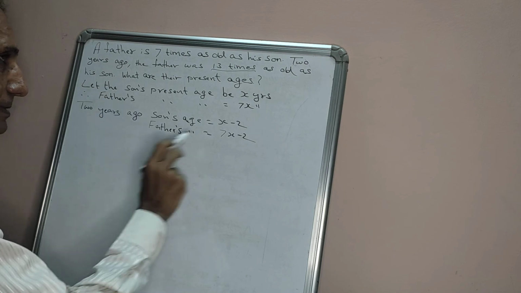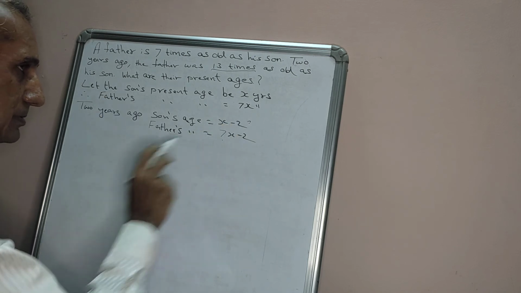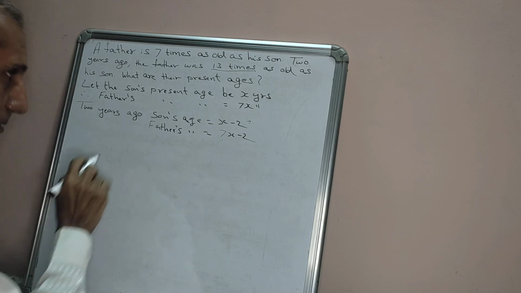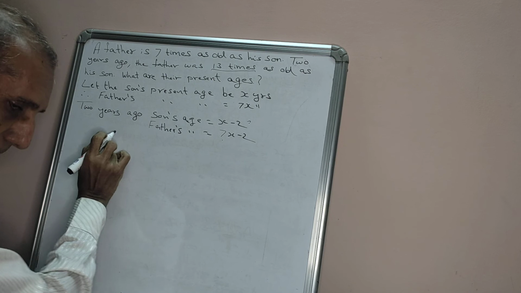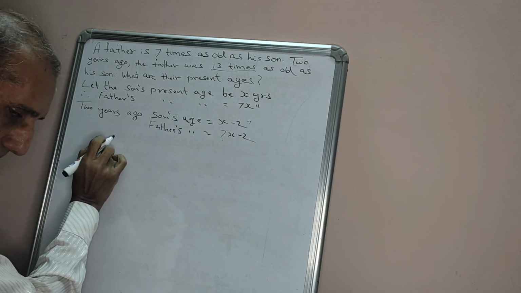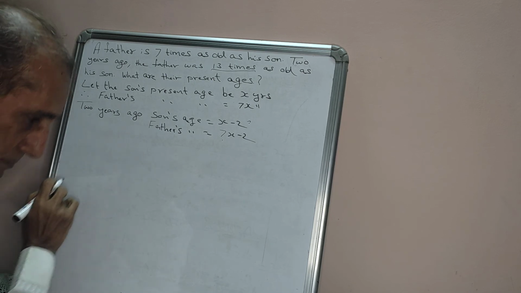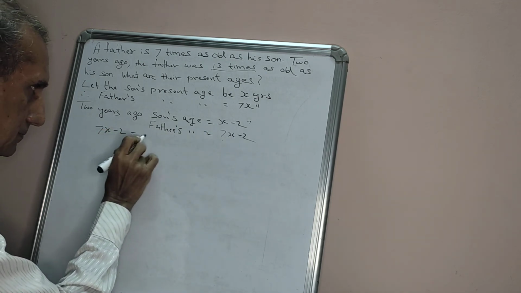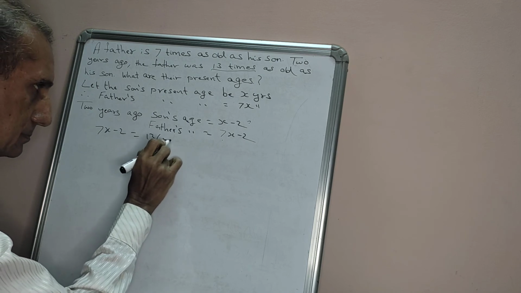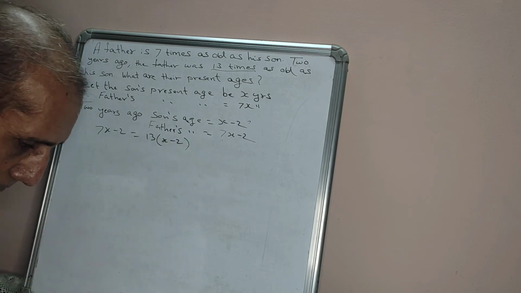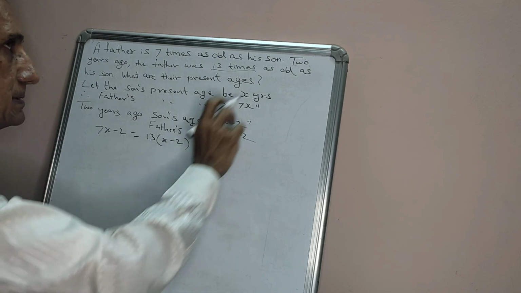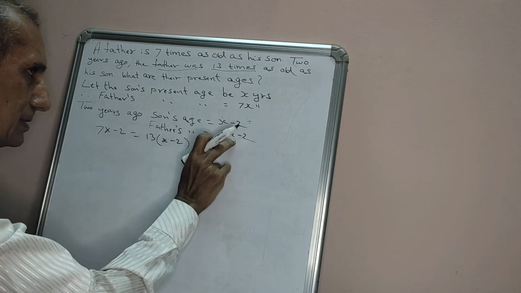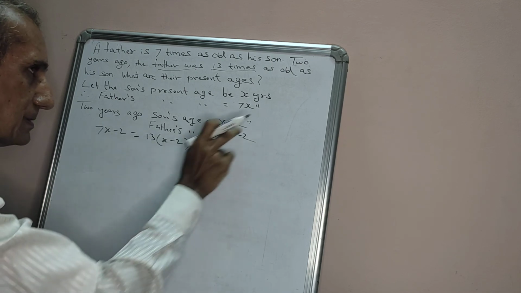So 2 years ago, whatever was the son's age, the father's age was 13 times that. So mathematically, how do I write that? That would be 7x minus 2 equals 13 times x minus 2.